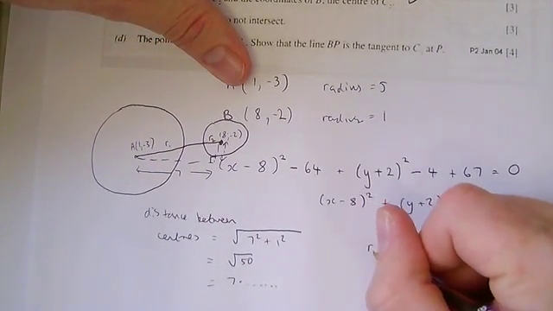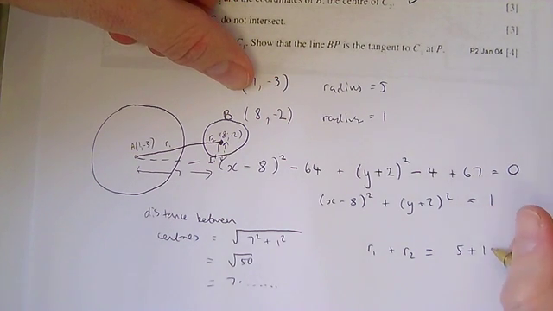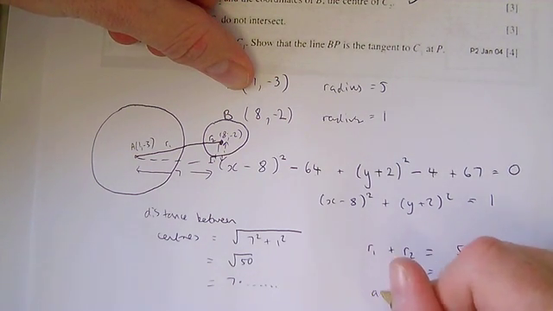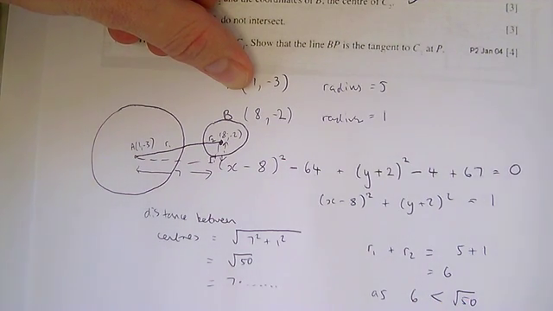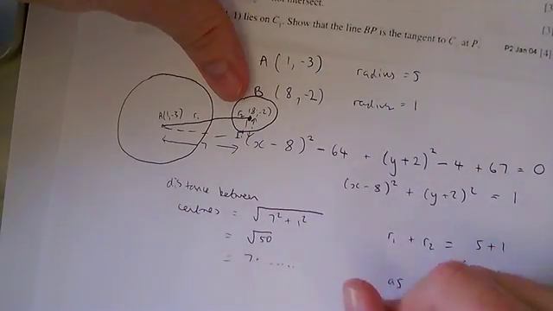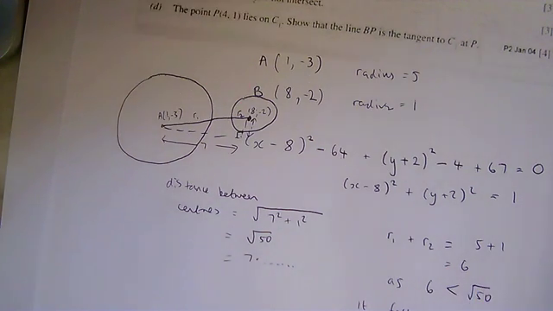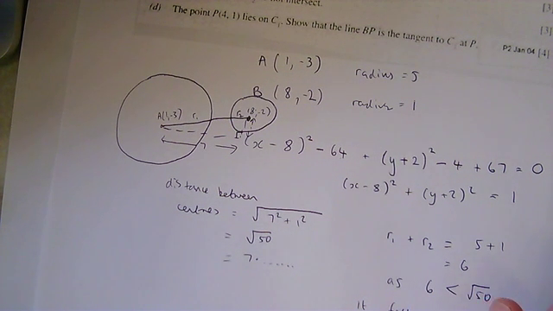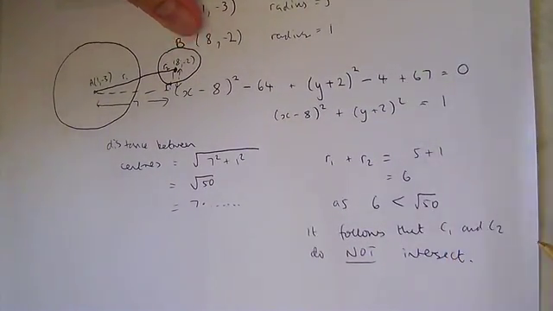Now, if I do radius 1 plus radius 2, I get 5 plus 1, which is 6. I'm going to say as 6 is less than root 50, or I could have said the 7.something, it follows that C1 and C2 do not intersect. Okay, you can see what I'm writing, do not intersect.